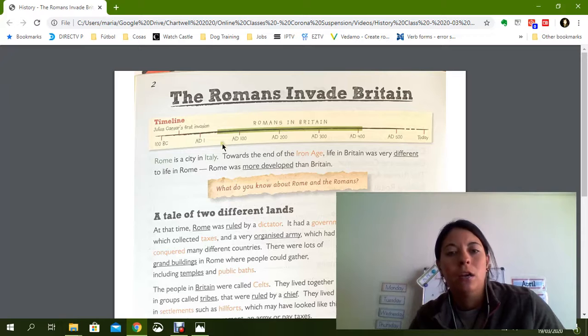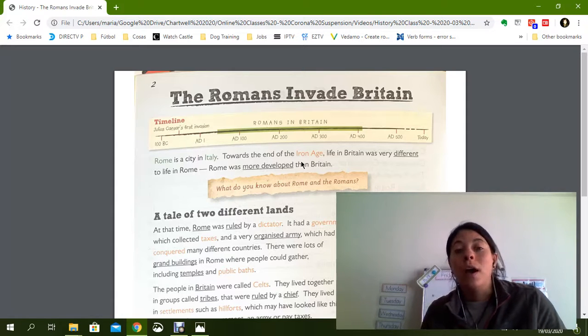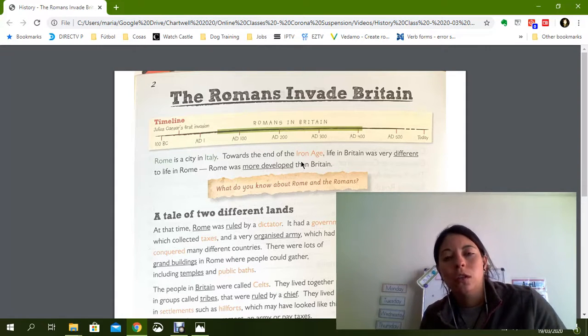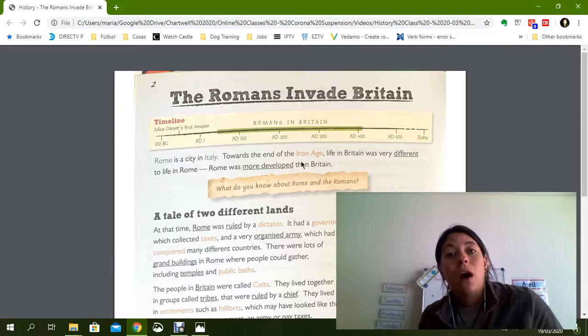Now we go back here. It says, toward the end of the Iron Age, life in Britain was very different to life in Rome. Rome was more developed than Britain. Now, the Iron Age is a period of time in this highlighted section, all right, where humanity discovered the use of iron, which is a metal, and they started to make all kinds of objects, tools, hammers, and what look like hammers today, made out of iron.